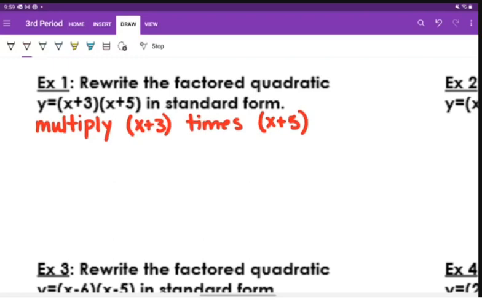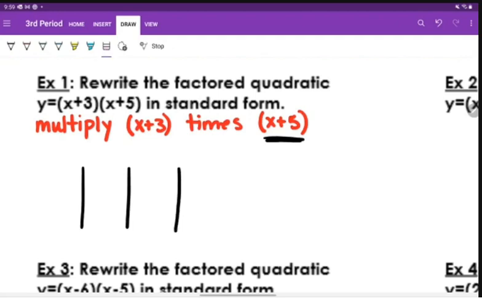But things get a little complicated here because we are multiplying something that has two pieces by something that has two pieces. So here's how we're going to do this. Our first factor has two pieces, so we're going to set up a grid that has two columns.